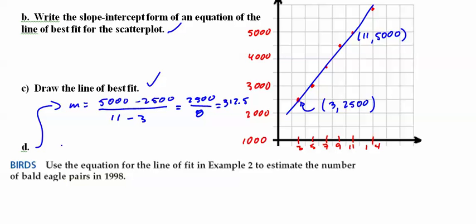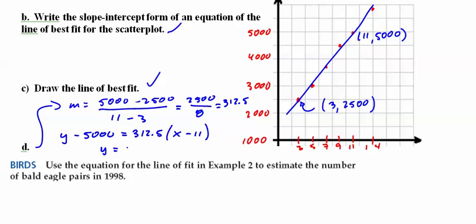So what's my equation? I'll go with the top one. y minus 5,000 equals 312.5 times (x minus 11). I'm going to cut to the chase just because I don't have room to write it all out. Negative 312.5 times 11 plus 5,000 equals 1,562.5.